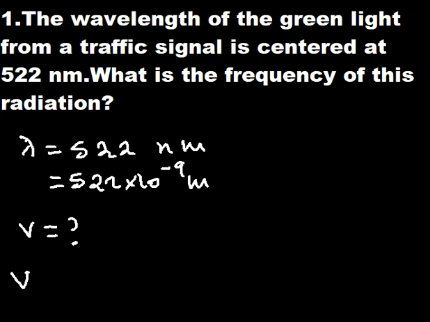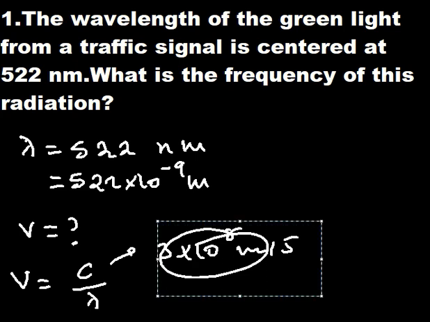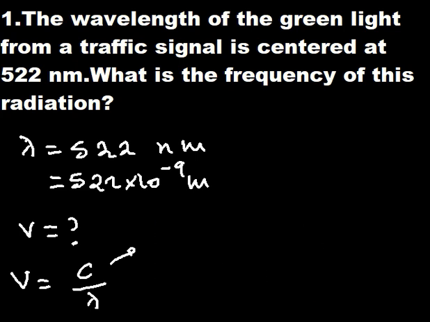The frequency is given as the speed of light divided by the wavelength, where the speed of light is constant, 3 times 10 to the power positive 8 meters per second. From there you can have the frequency. Likewise, we can have the energy, which is Planck's constant times the frequency.